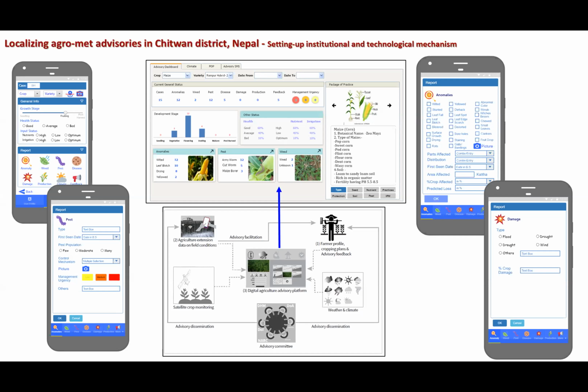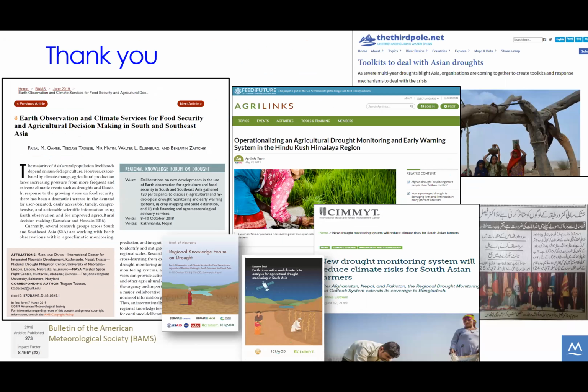As we are devolving the governance systems, we also need to devolve these advisory mechanisms. So these kinds of ICT technologies are helping us to establish those new forms of localized advisory system supported by Earth observation technologies and tools. I will stop here for a while.